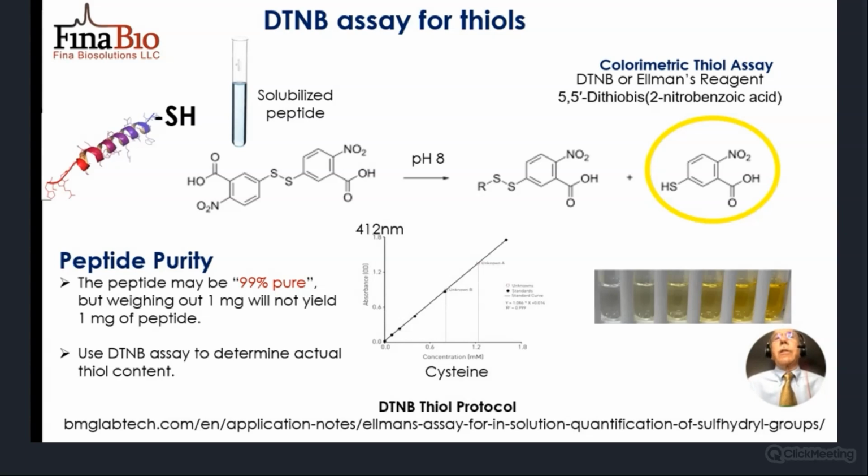We'll use the extinction coefficient of 13,500 at 412 nanometers to get an estimate. And there's a link here for a protocol. But it's a very easy, very rapid assay, and necessary in order to make sure that you know what your actual thiol content is.